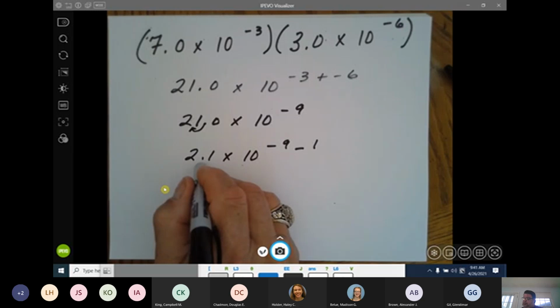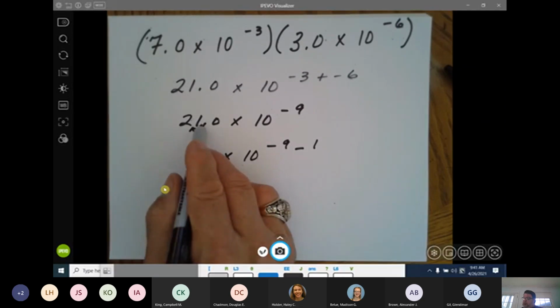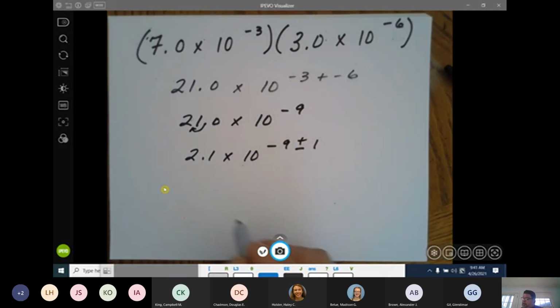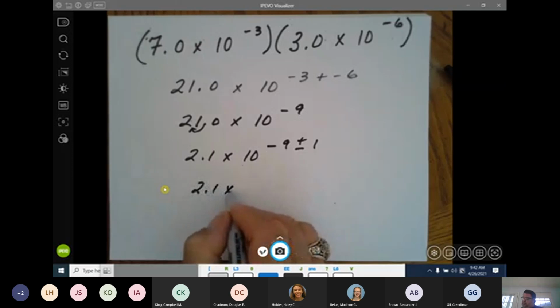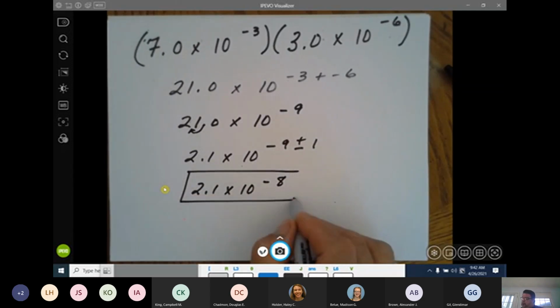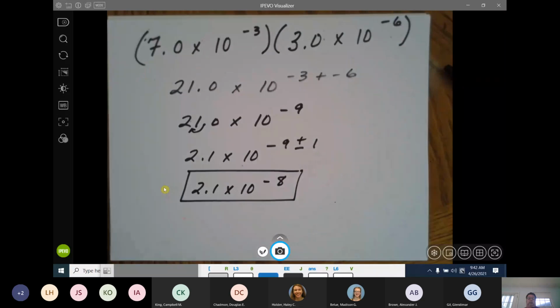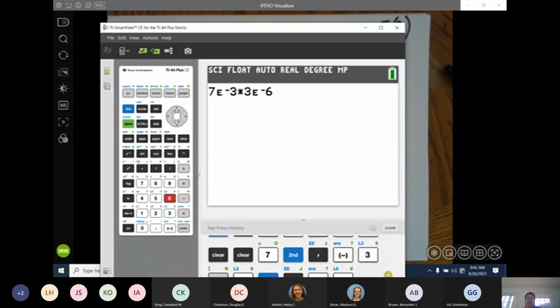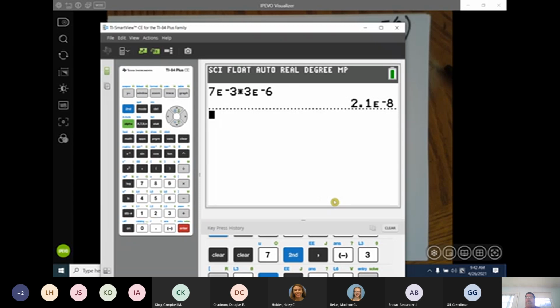Which way did I move this decimal in my head to get it back the way it was? To the right. So 2.1 times 10 to the negative 8th power. And I guess me and the calculator are in cahoots. Because I guarantee you somebody got negative 10.